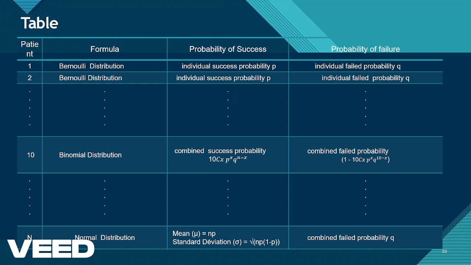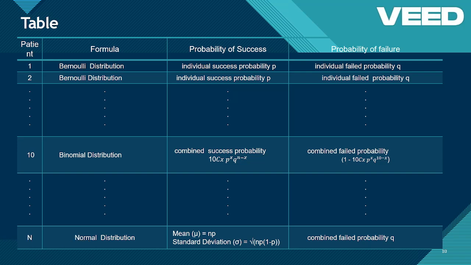For finding the probability of success, we will use the PDF of the binomial distribution, that is 10CX, where 10 is the total number of patients, P is the probability of success, and Q is the probability of failure. The probability of failure for those 10 patients is given by 1 minus the probability of success.